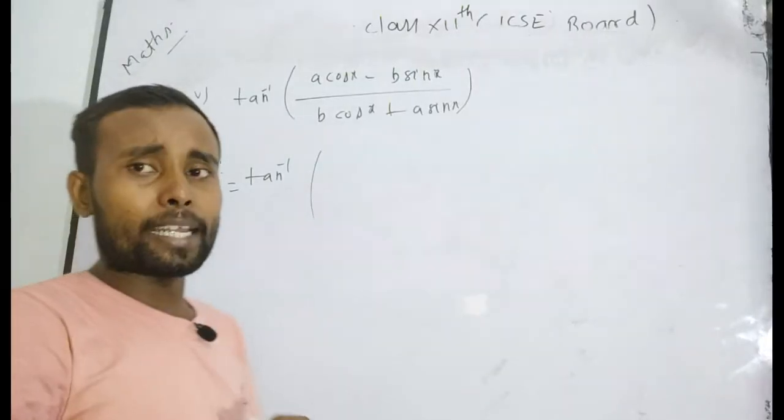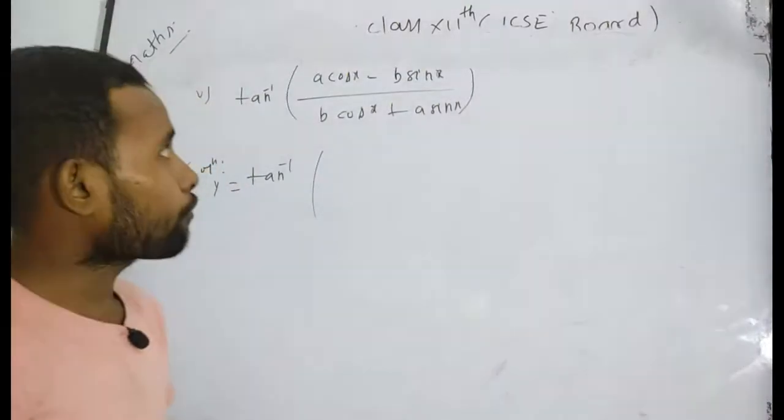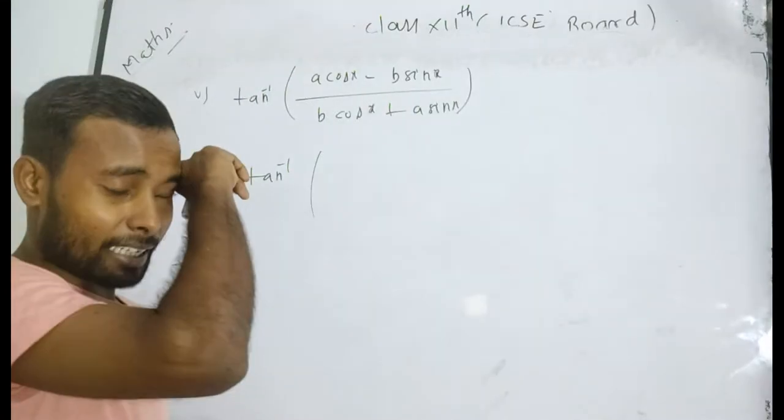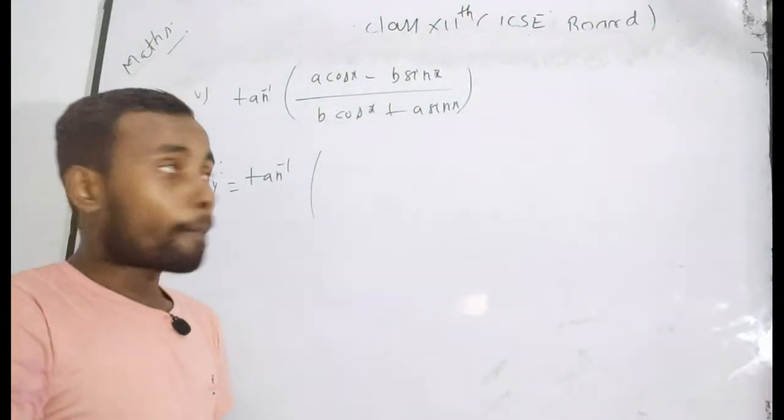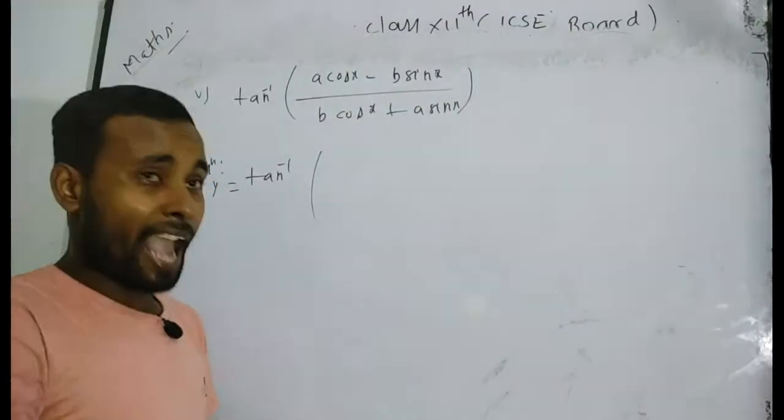After dividing in numerator and denominator, first of all, I want to divide the numerator and denominator by b cos x.